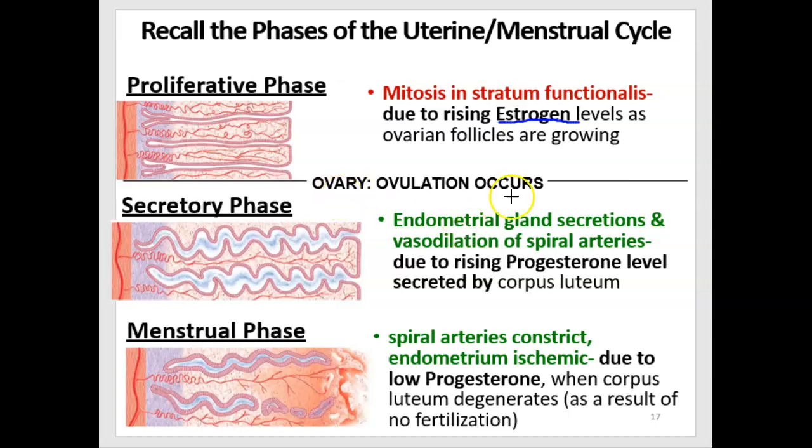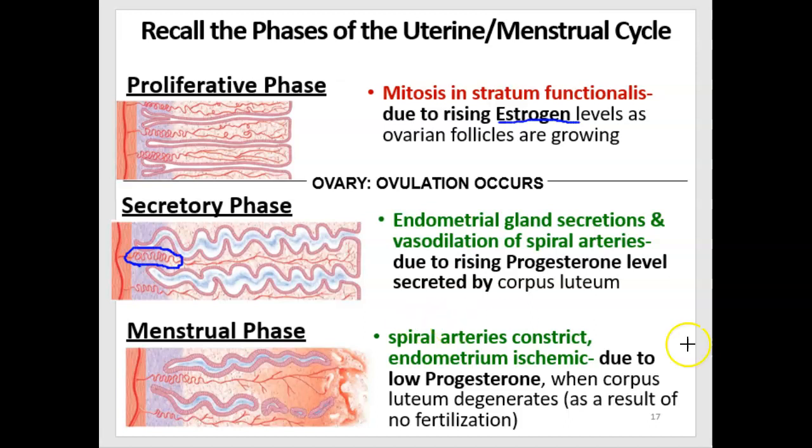Then ovulation happens, and now the endometrium enters the secretory phase. The secretory phase involves the vasodilation of the spiral arteries, giving the endometrium a rich blood supply. Why do they dilate?